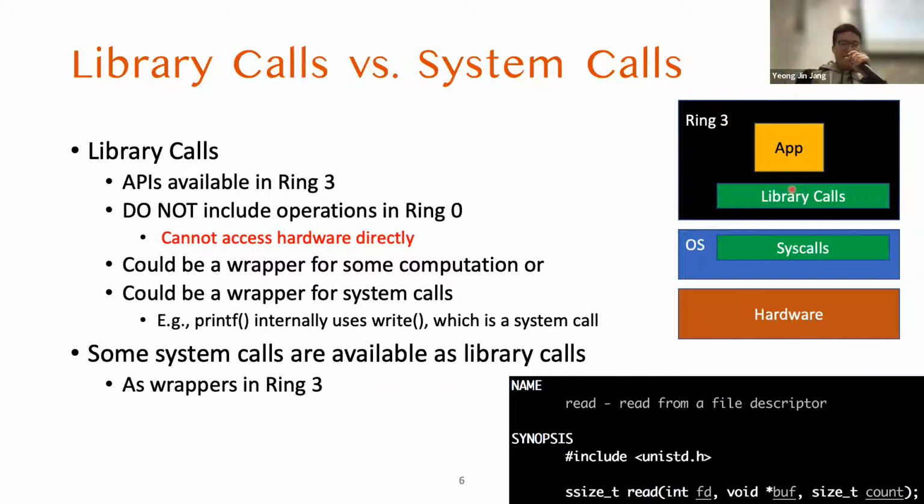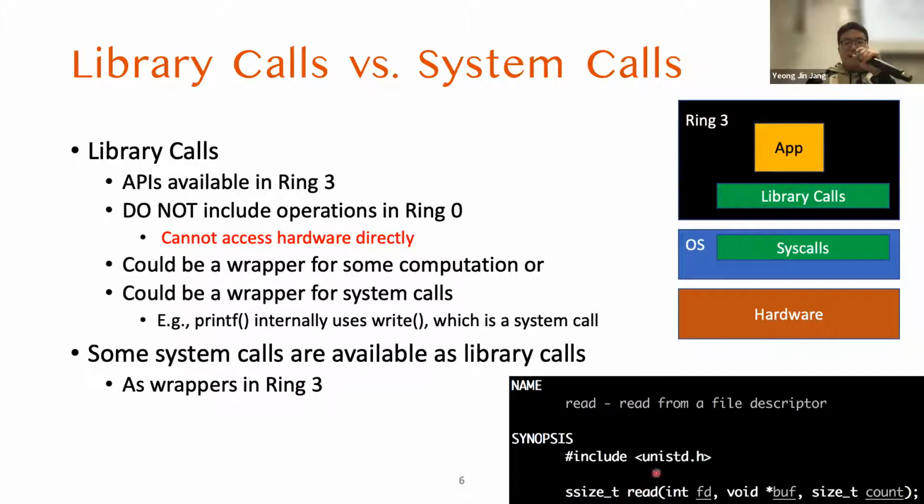Yeah. And the distinction between the library call and system call is that to access the hardware, we need to invoke system calls, and system calls reside in the operating system. Some of the system calls are exposed as a C library. For example, you can use read, open, write, that kind of function call.